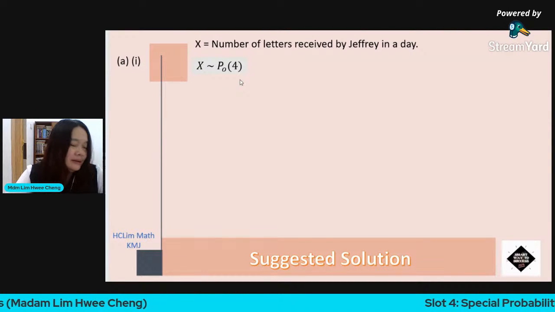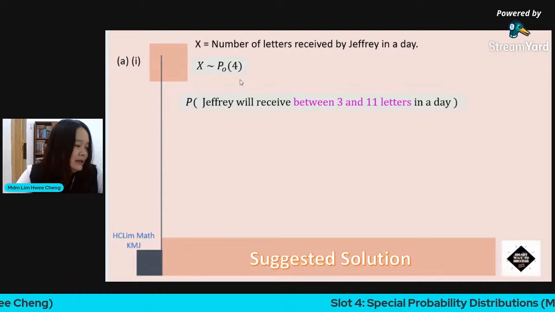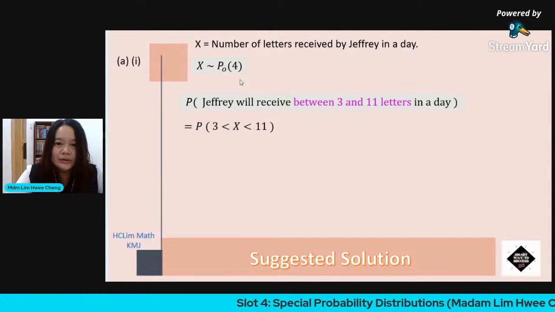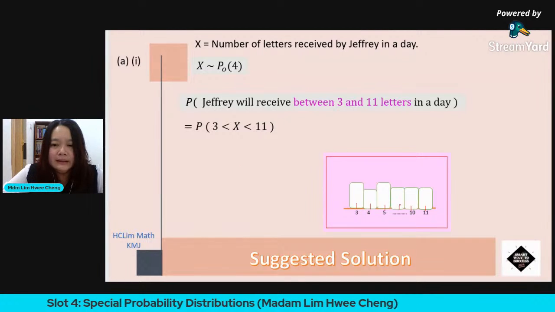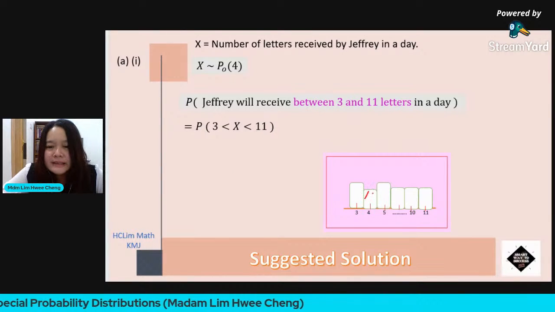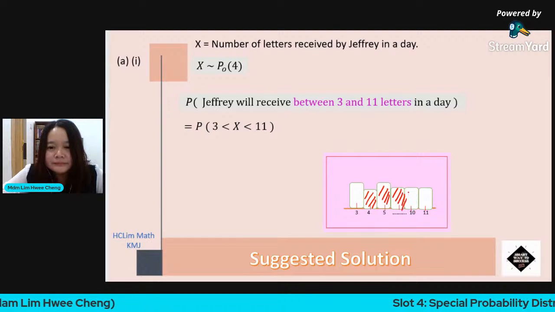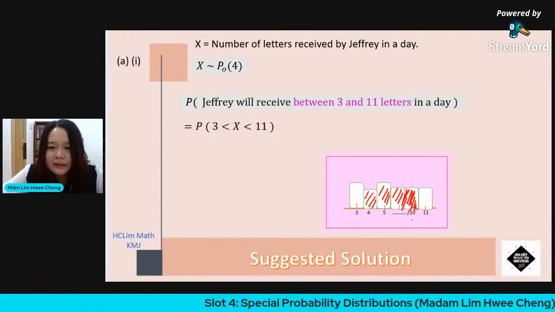Between, dia tak ada sama dengan. So we come out our gigi again. Between, besar 3, tak termasuk 3, until less than 11. So less than 11 adalah sampai 10 lah.